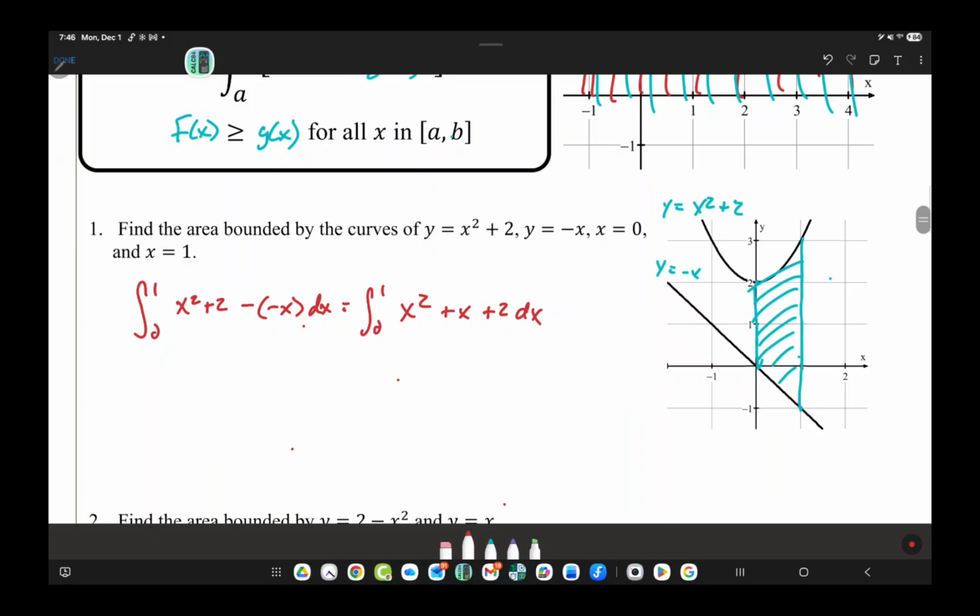Well, this is easy enough to do. That gives you 1/3 x cubed plus 1/2 x squared plus 2x from 0 to 1. And the nice thing is, if we plug in 0, the whole thing is 0, so I don't have to worry about 0.